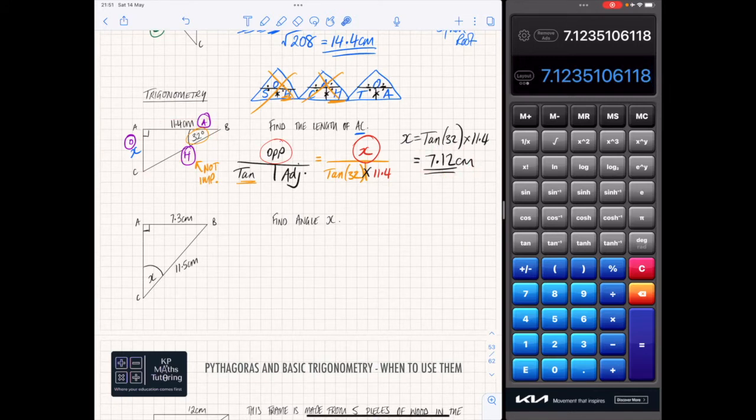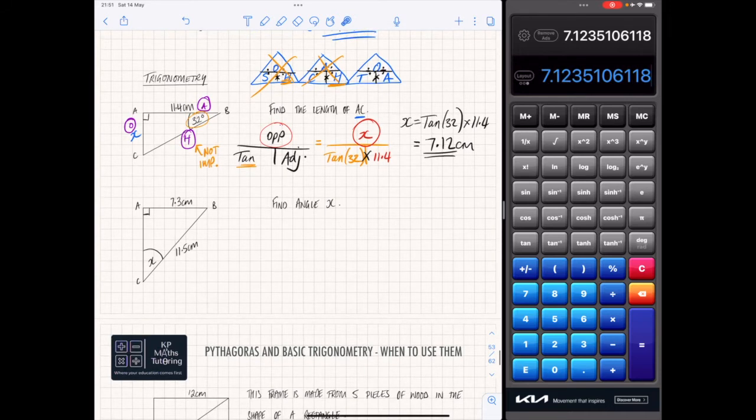So let me quickly recap the steps there. First thing to do, label it: opposite, diagonally opposite to the angle; adjacent, the one next to it; and hypotenuse is the longest side. Then you pick which one of those three is not important. The hypotenuse is not important, so I don't use an h, so I can't use that one, can't use that one.